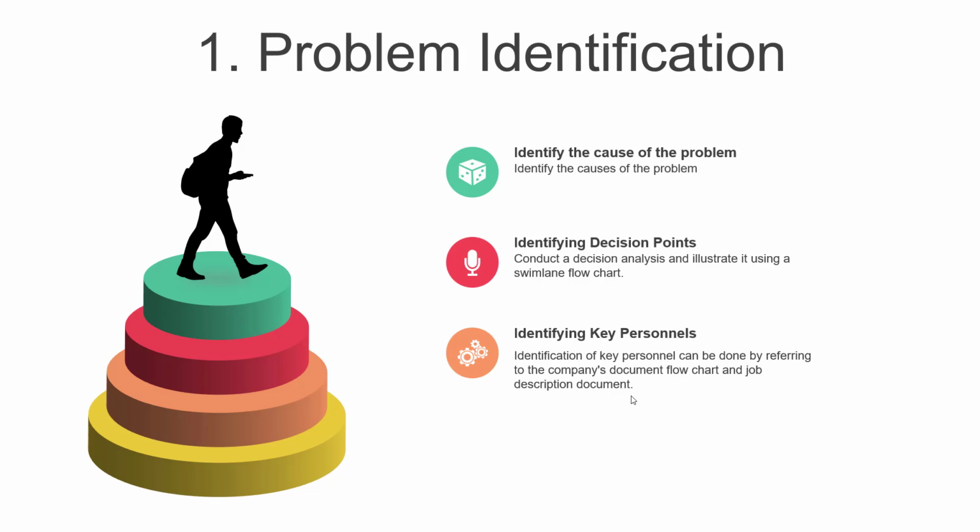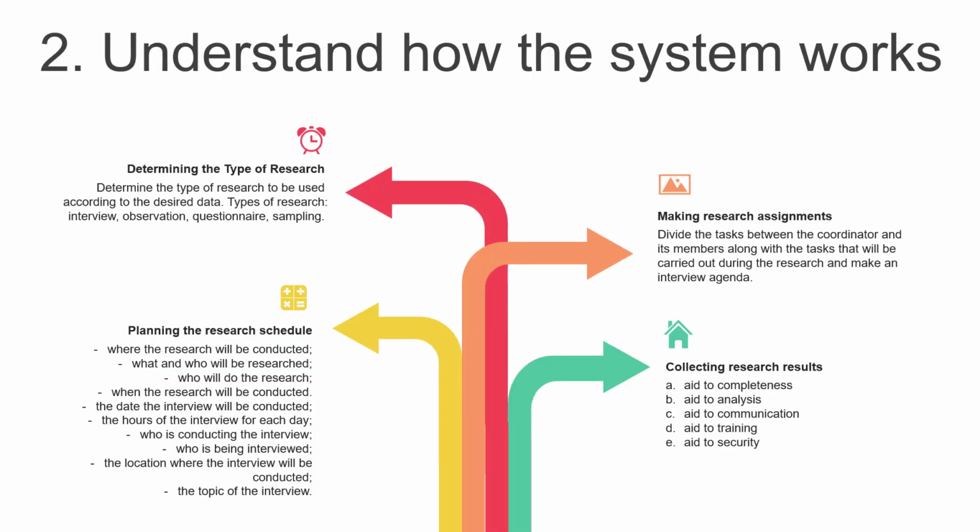If you know the key personnel, it makes it easier to analyze the system and to make the decision points clear, and you do this easily after you get the problem identification.